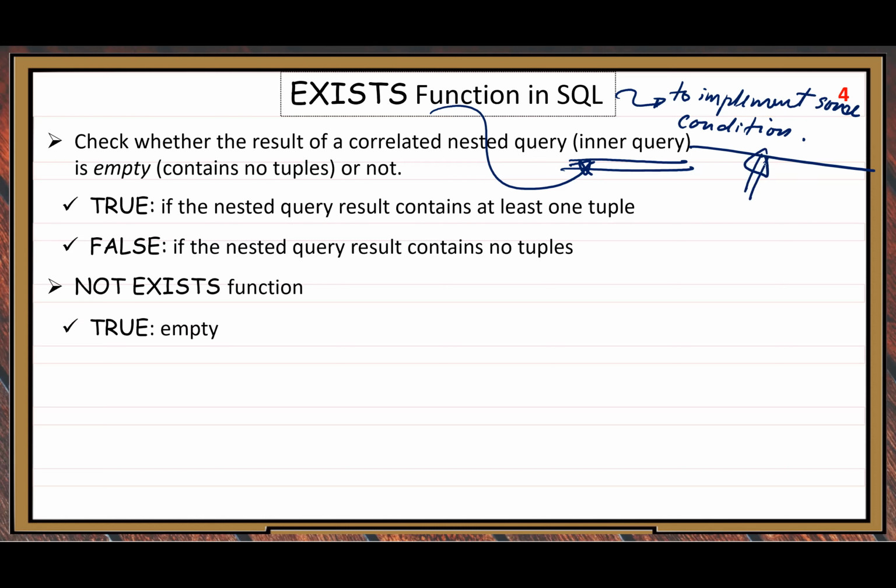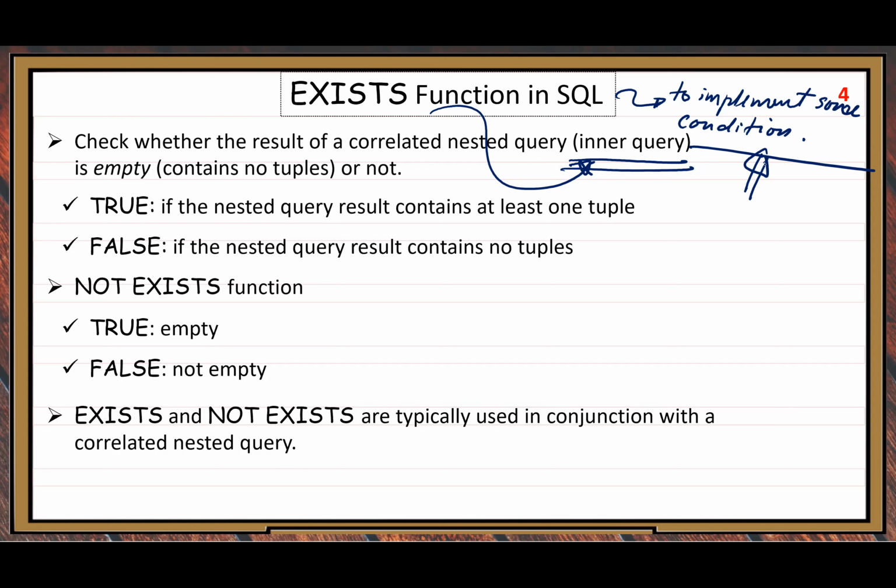Not exists is true if the result is empty, and false if it is not empty, the opposite. Exists and not exists are typically used in conjunction with a correlated nested query, for the inner query part, where you really want to check a certain condition.